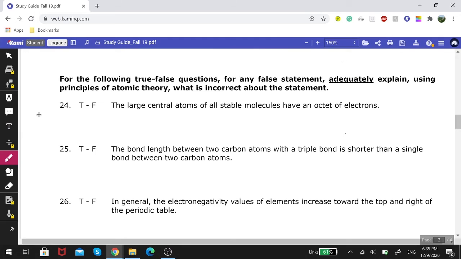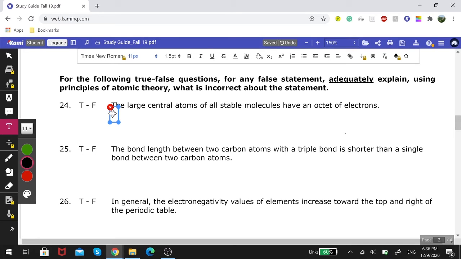Now moving on to number 24, it says to say if they're true or false, and if false, explain why. First one: the central atom of all stable molecules has an octet of electrons. An octet has 8 electrons, but that is not true because we learned about expanded octets. So false.